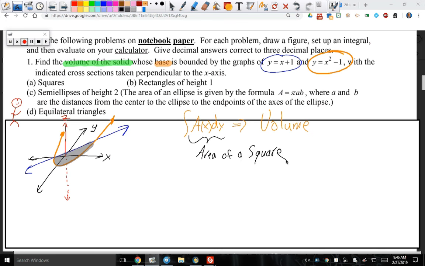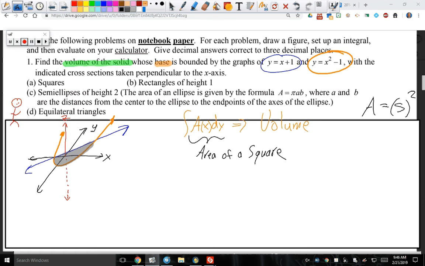What's the area formula for a square? I prefer not base times height, I prefer side squared. So the area for a square is side squared, and we're going to have to solve for, calculus-wise, top minus bottom? The side.